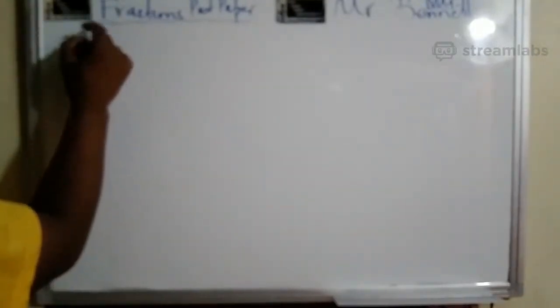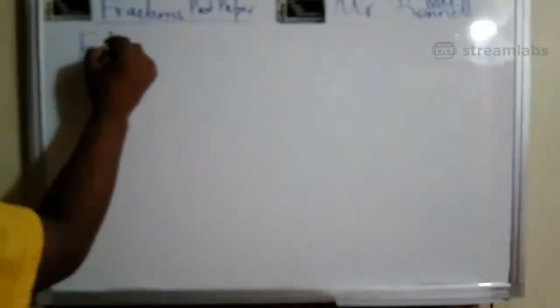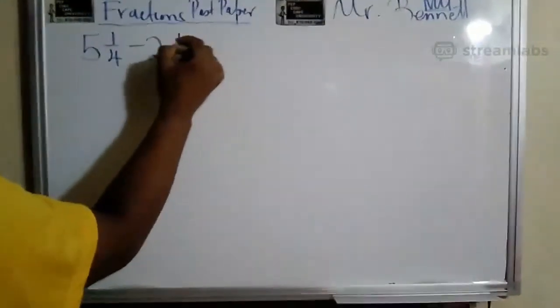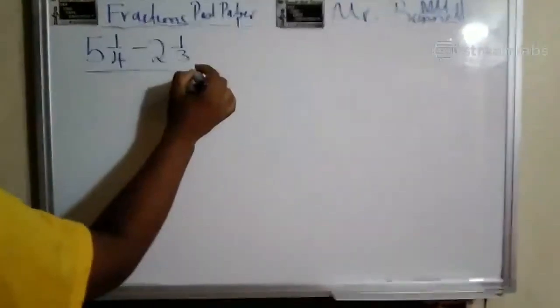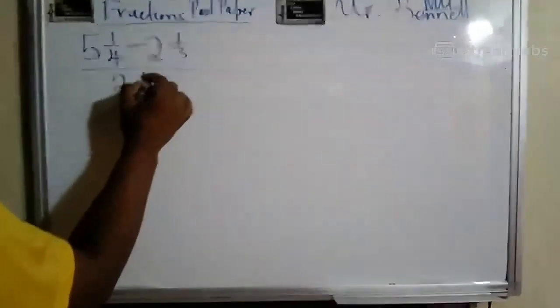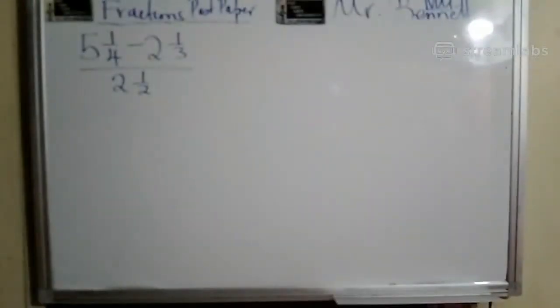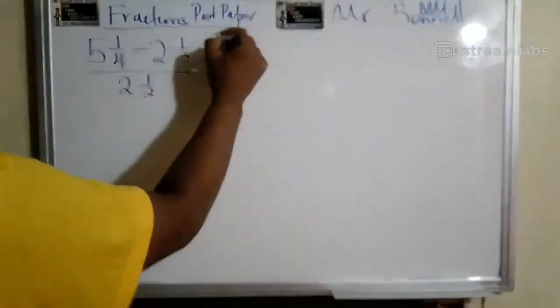So it's 5 1/4 minus 2 1/3 divided by 2 1/2. And this was June 89 also, and it was worth 4 marks.